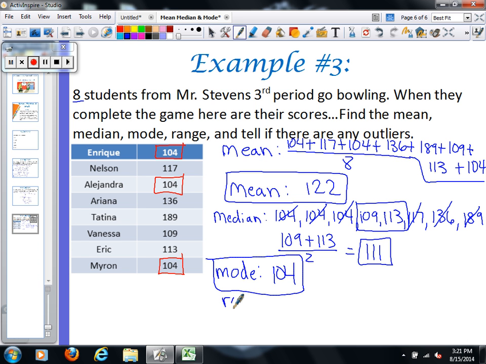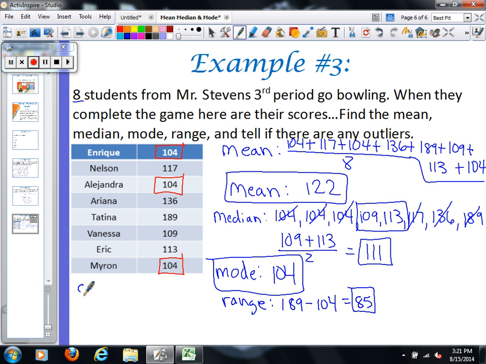Range. Try to remember what the range is. Range is the difference between the largest number and the smallest number, which is going to be 189 minus 104, giving you a range of 85.